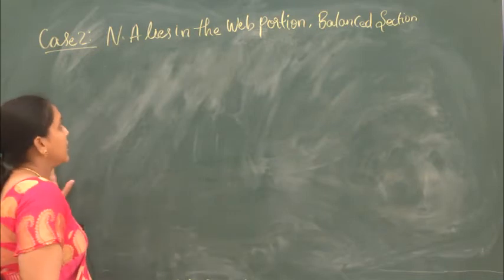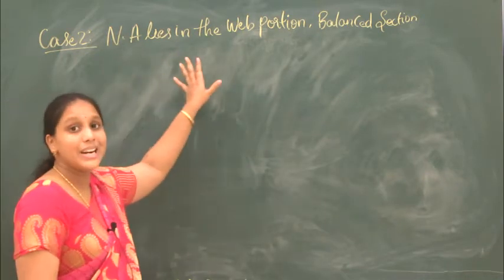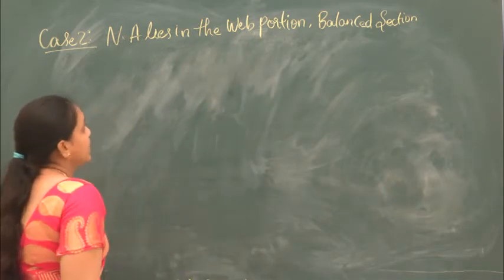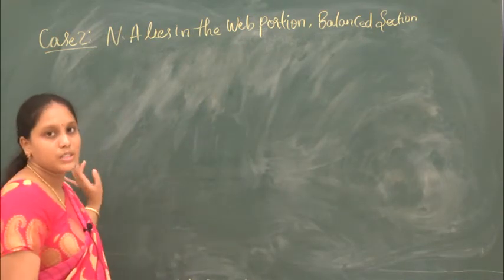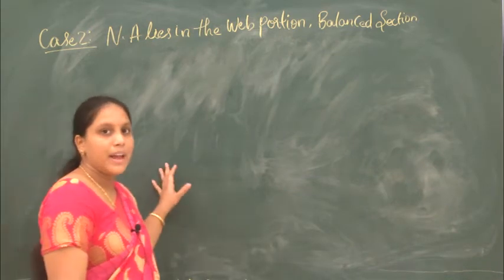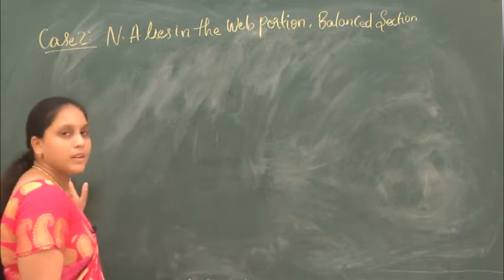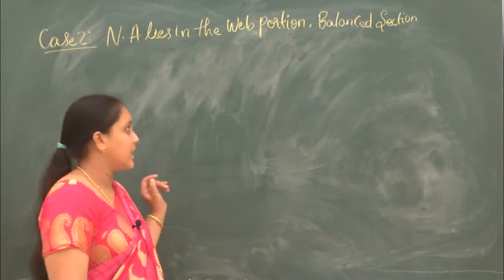So here we are considering that the neutral axis is lying in the web portion and that the section is a balanced section. For a balanced section, xu is equal to xu limit, which we have learned already in the previous lectures.